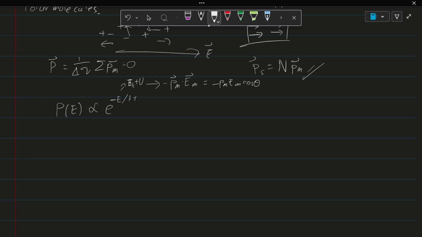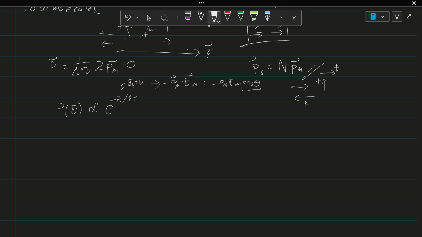Why do we neglect EK? Technically it depends on temperature, but what it doesn't depend on is the angle here, or the electric field. The reason is that for this polar dipole moment, if you apply an electric field, there will be a force in this direction and a force in the opposite direction.